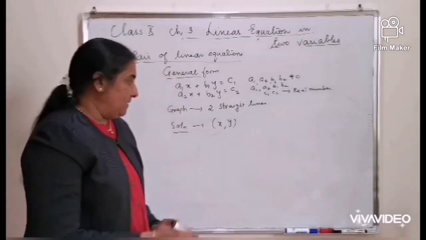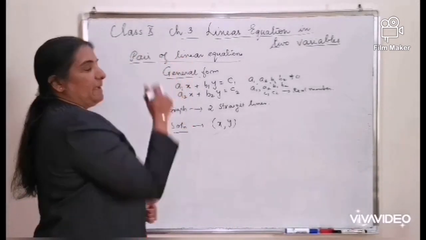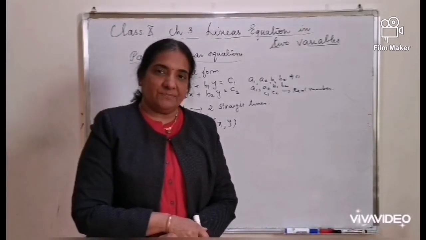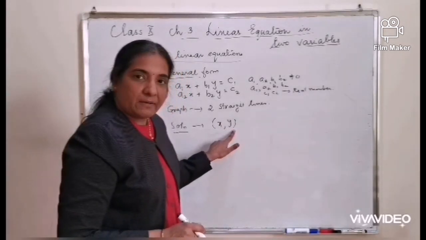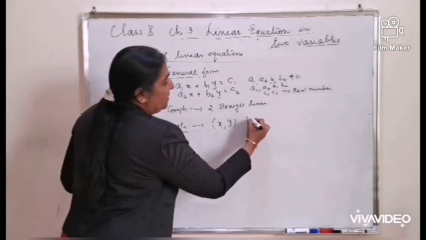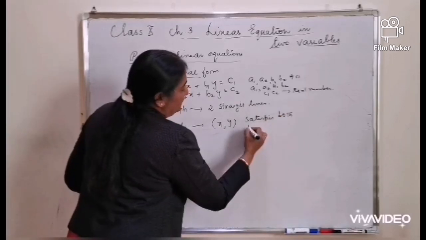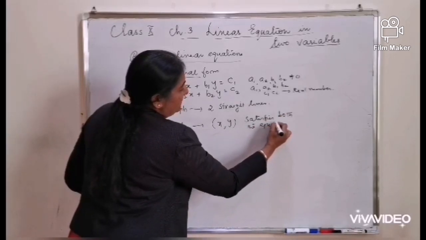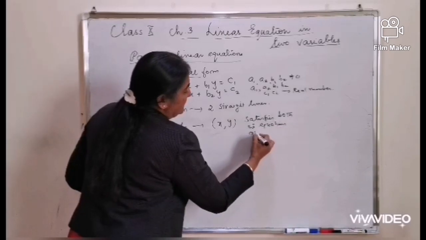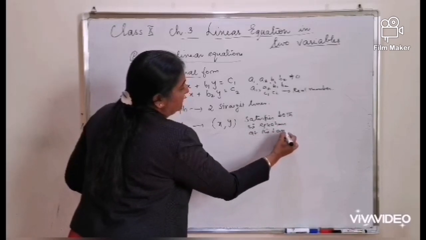So, once again, the solution of a pair of linear equations is an ordered pair xy which satisfies both the equations at the same time.